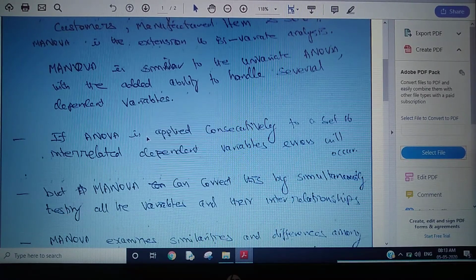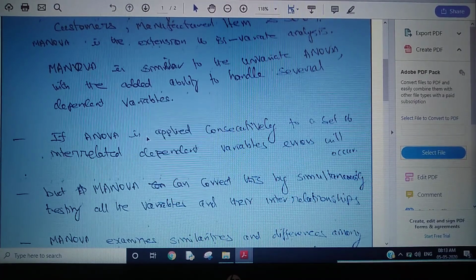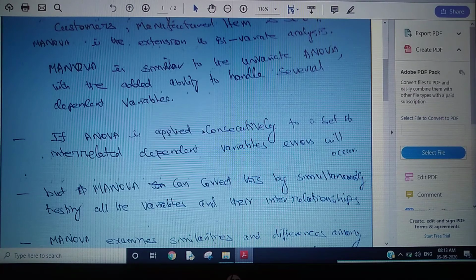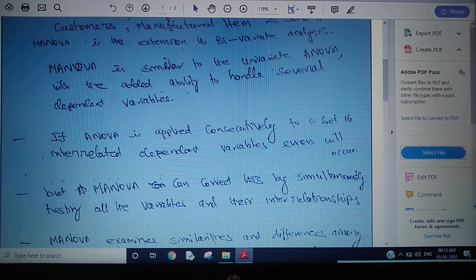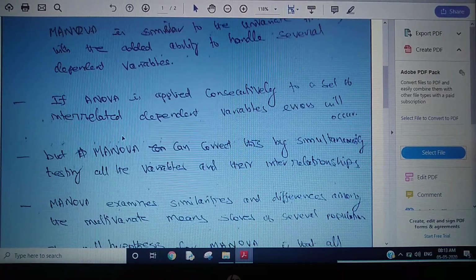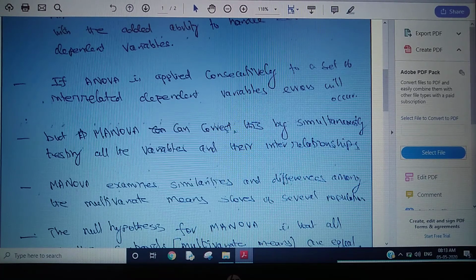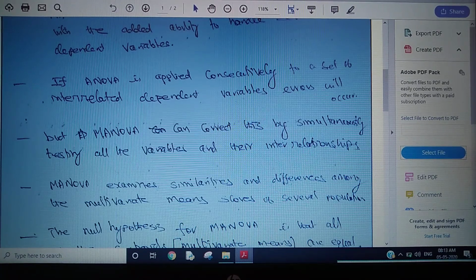That too, the dependent variables are interrelated with each other. If ANOVA is applied consecutively to a set of interrelated dependent variables, error will occur, because analyzing interrelated dependent variables under ANOVA is not possible. But MANOVA can correct this by simultaneously testing all the dependent variables and their interrelationship.